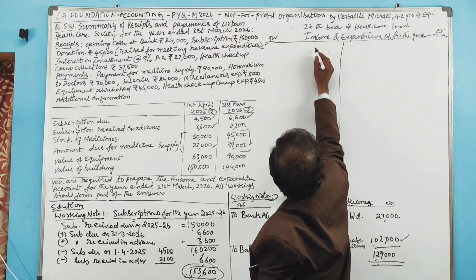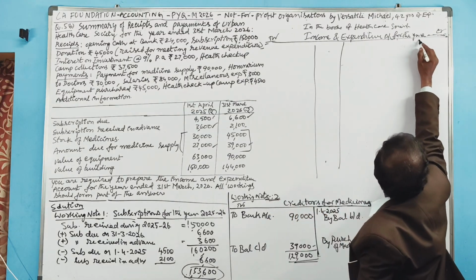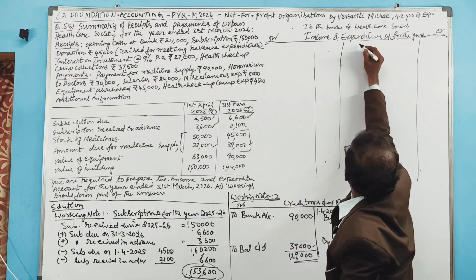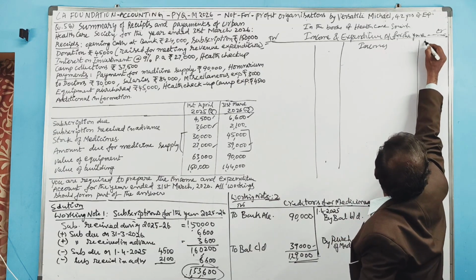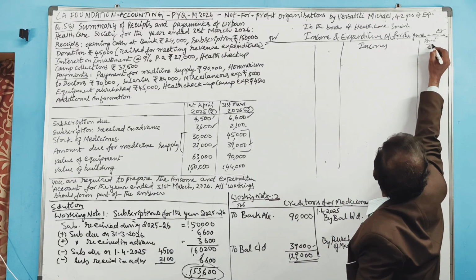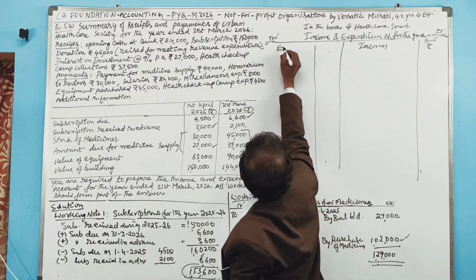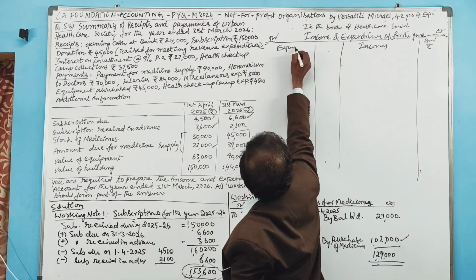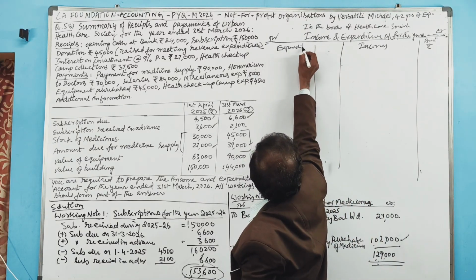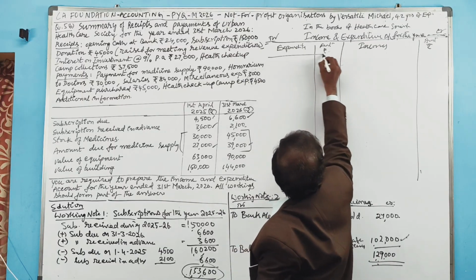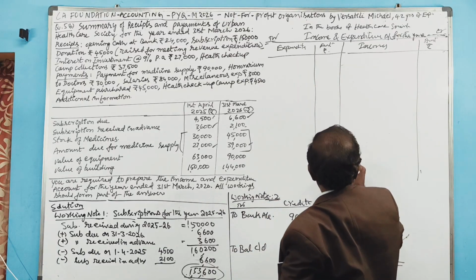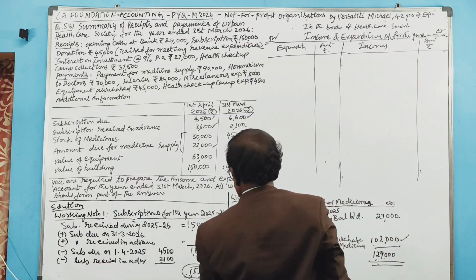Now, here incomes, amount rupees. Here expenditure, amount rupees. Close this. Now this we take here.